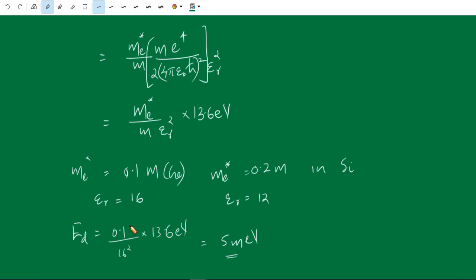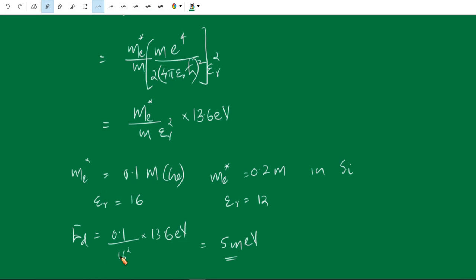The ionization energy of the hydrogen atom is 13.6 electron volt, whereas the ionization potential of the electron in the impurity atom in the n-type semiconductor is about 5 milli electron volt. Therefore, compared to the hydrogen atom, the ionization potential of the electron in the donor atom in a semiconductor is very small.